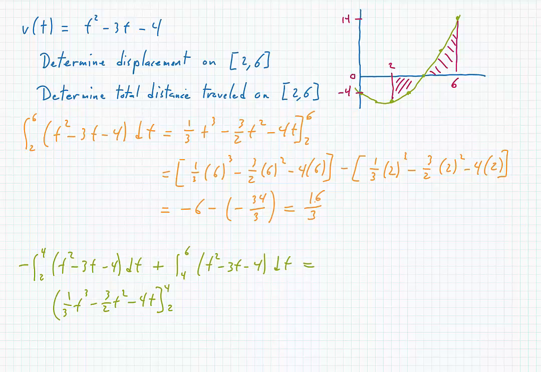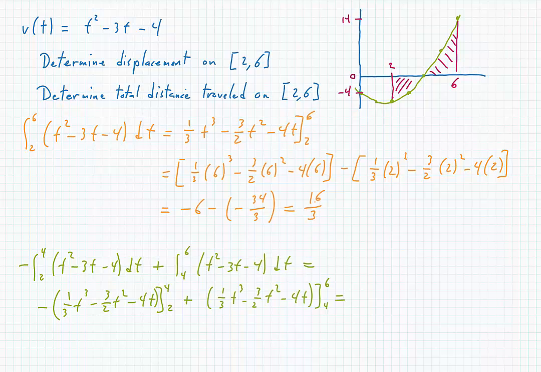We're going to want the opposite of whatever we get from that. And then we're going to add 1/3 t to the third minus 3/2 t squared minus 4t, and we're going to want to do that from 4 to 6.